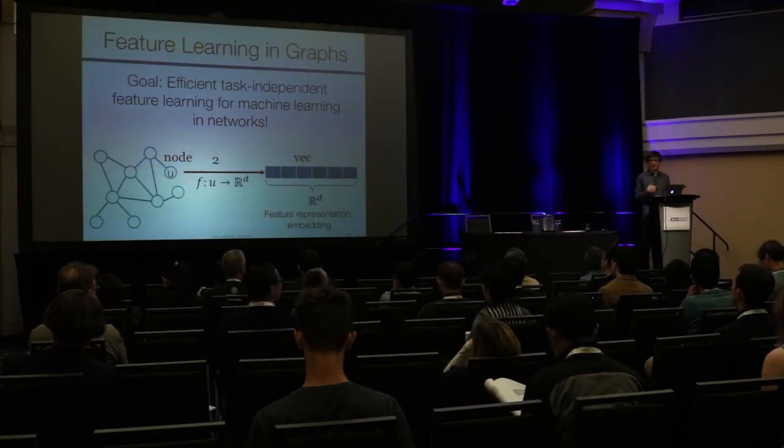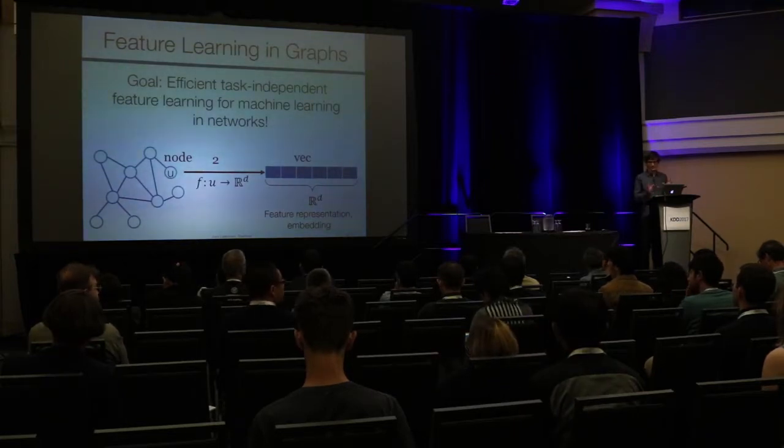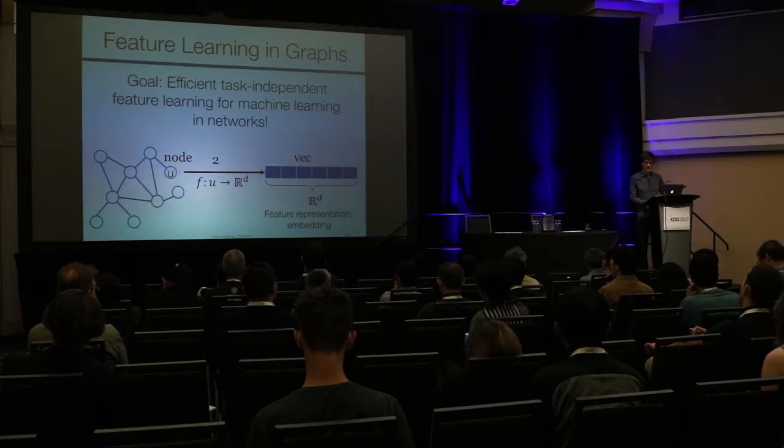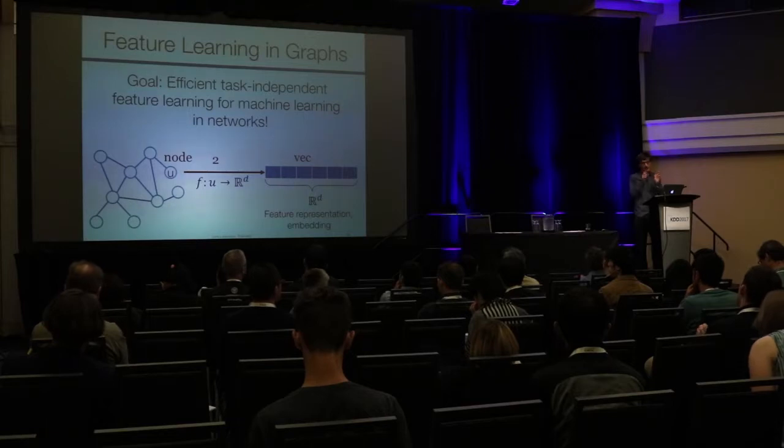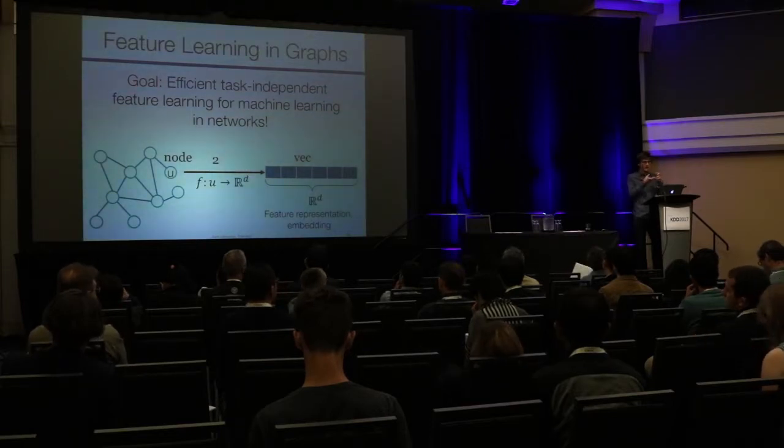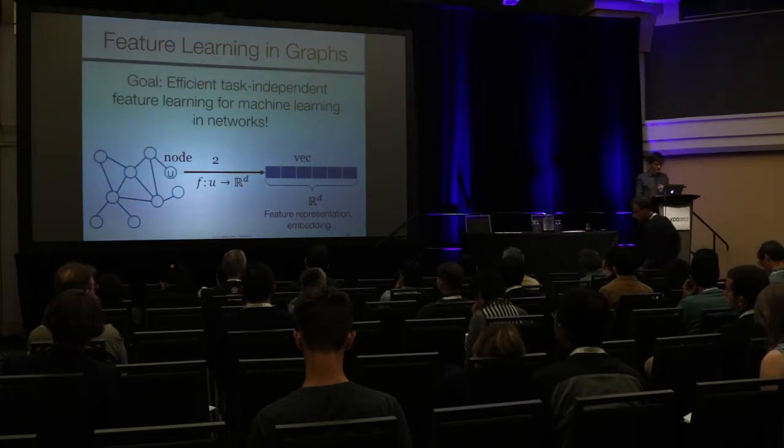You can do that, but it turns out it doesn't work too well. There are methods that go beyond that, but you could think of SVD as feature learning for graphs. The way we will do this is, rather than define a global optimization problem in terms of singular value decomposition, we will define much more localized objectives and then solve them, and really think about how to optimize the positions or representations of nodes.